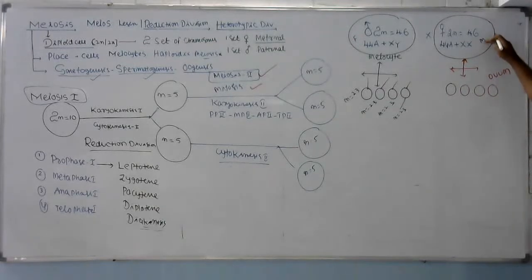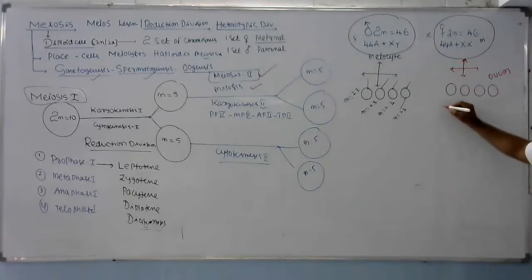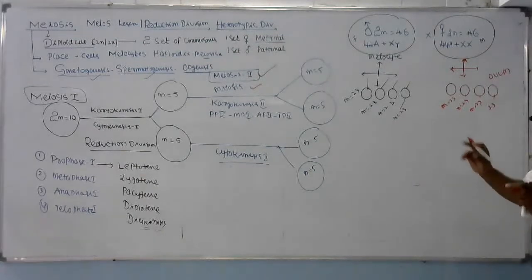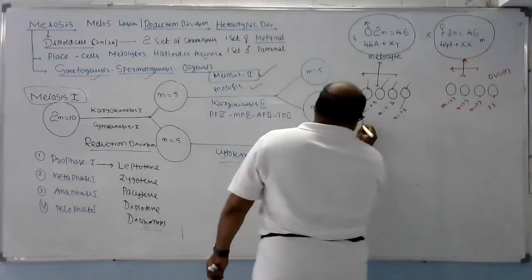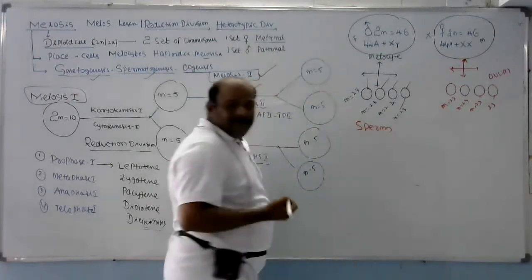So, compared to the parental cell, once meiosis happens, the chromosomal number is reduced to half. n equals 23, n equals 23. This is the formation. Okay, so for example, here it is sperm.